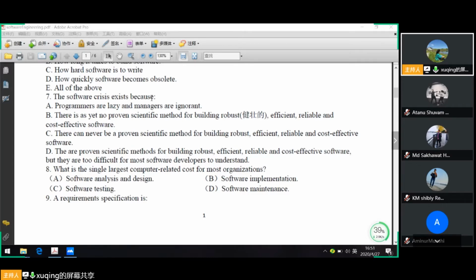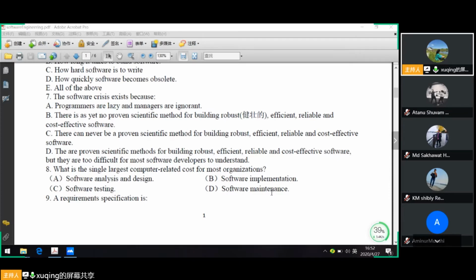You see here, we have answers like D, B. It's software analysis and design, software implementation, software testing, and software maintenance.